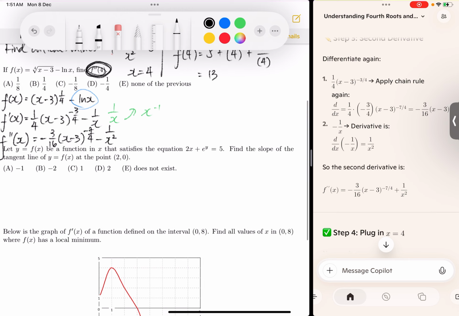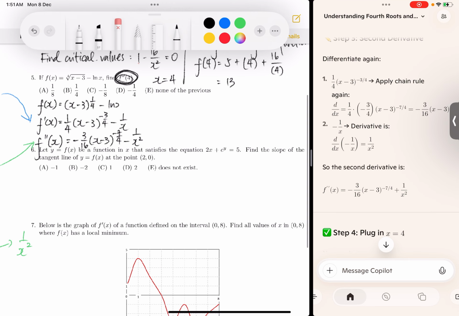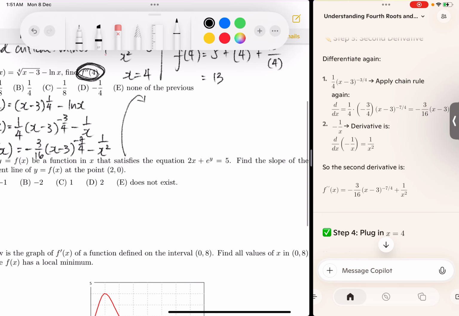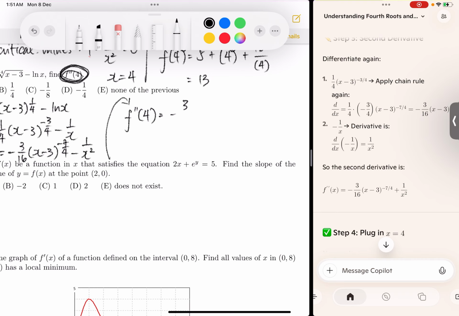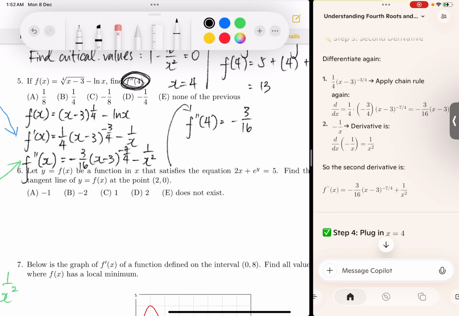After all that hard work, we have to plug in 4. We can now finally plug in 4. I'm sorry. Plug in 4, or we don't even have to write it down. No, for aesthetic purposes, I'm just gonna do this, which equals negative 3/16, because remember, this is the first derivative, this is the second derivative.